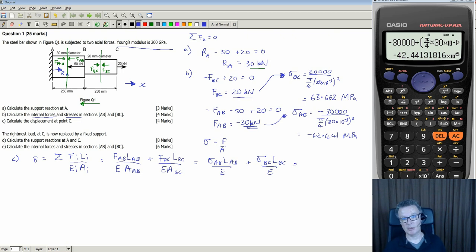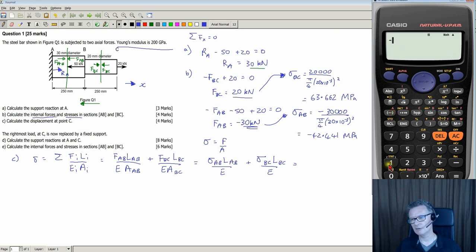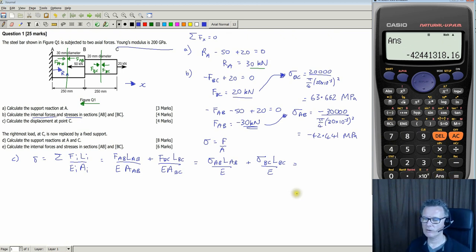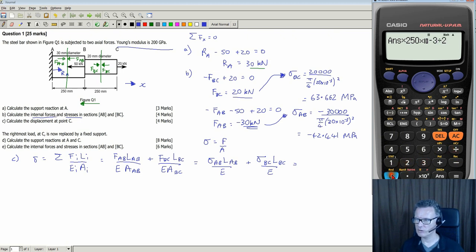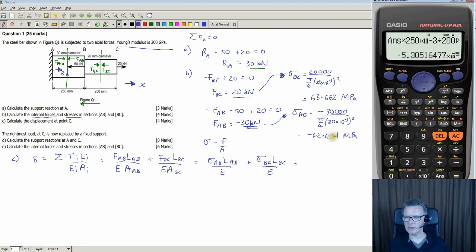So probably going to need a new page, but might be able to fit this all in one line. So we take our stress AB, so that's this one here. So let's multiply that by its length, 250 millimeters, divided by 200 gigapascals. And the next one is the BC, so that's this one here. Notice I'm using the signs.